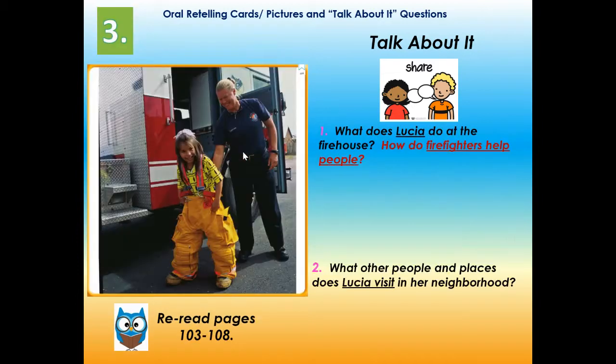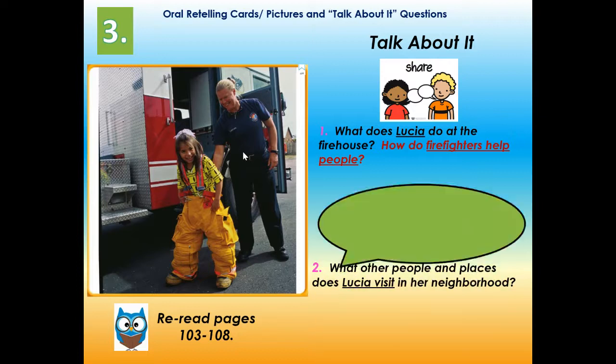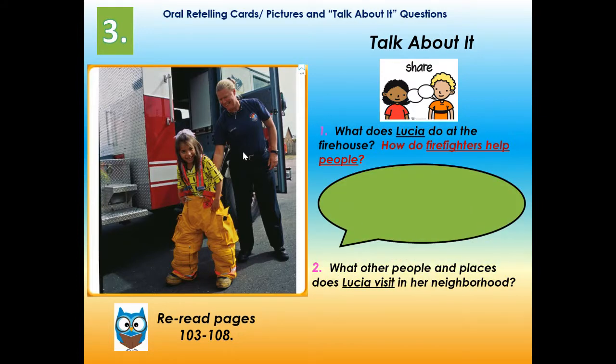So number three, you look closely at the picture. Who is in the picture? What's going on? Where are they? The setting. So you can reread pages 103 to 108 in our Journeys textbook. And number one, the question is, what does Lucia do at the firehouse?